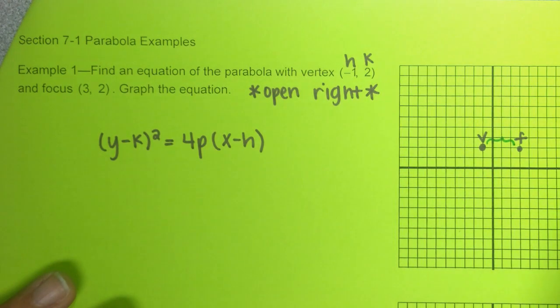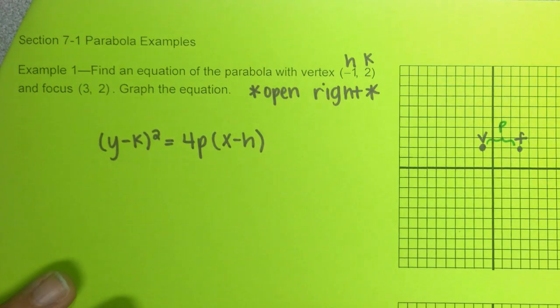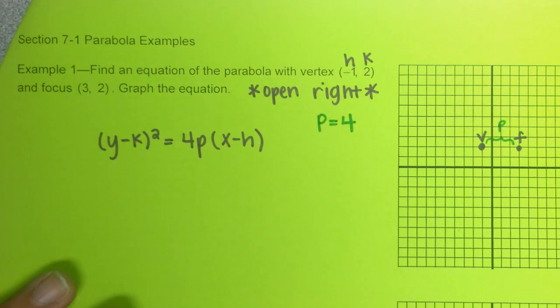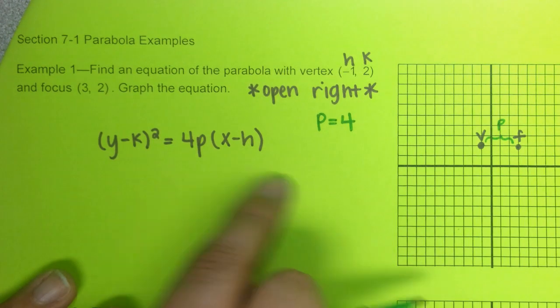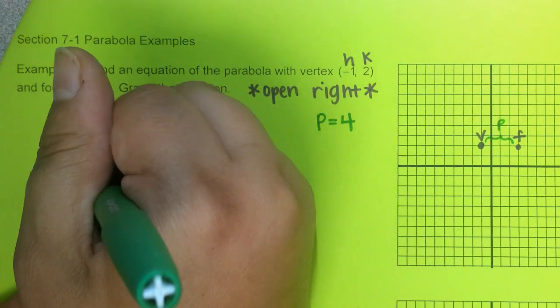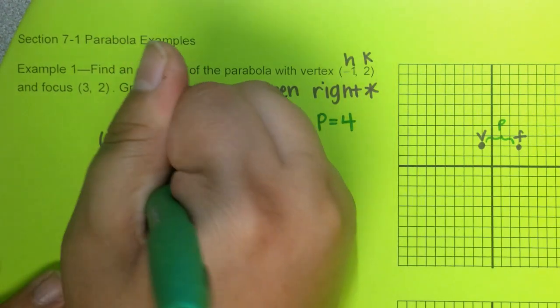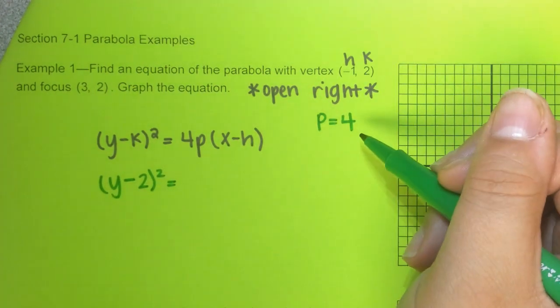How far apart are they? They're 4. Do y'all agree that's my P? So P equals 4, because that's how far apart they are. Can I now fill in all the letters here? Y minus, what's my K? Squared equals, what is 4P? What's P? 4.